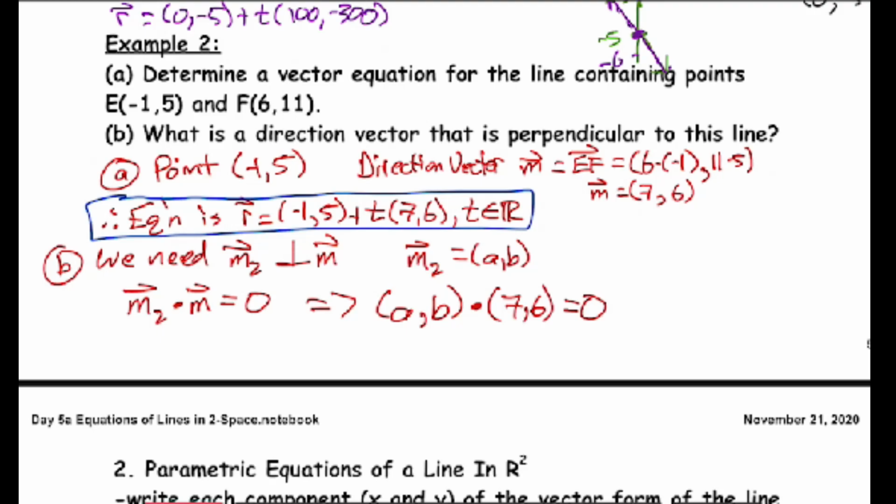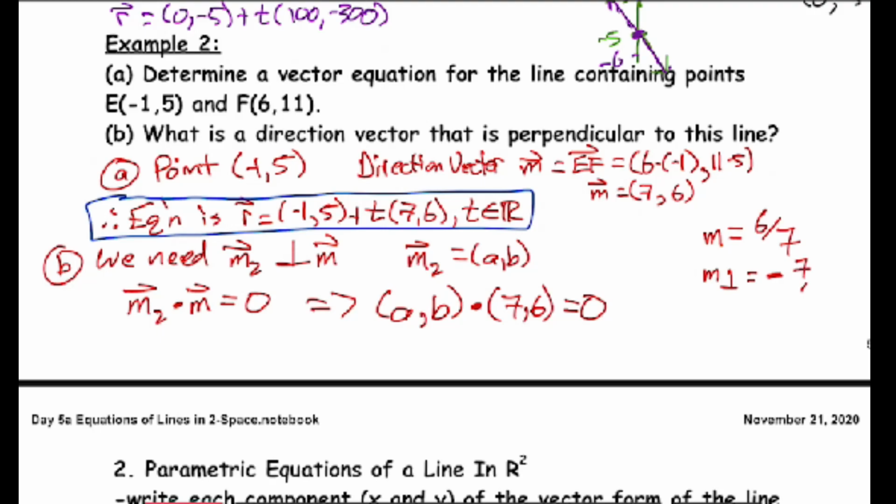And let's think of this in terms of our slope. Our original slope here is 6 over 7. And what do we know about the slopes of lines that are perpendicular to each other? They are negative reciprocals. So if my original slope is 6 over 7, my perpendicular slope is going to be a negative reciprocal. The original slope was positive, so this is going to be negative.